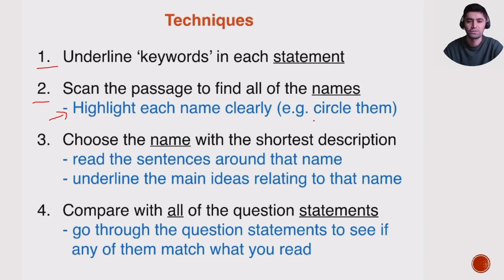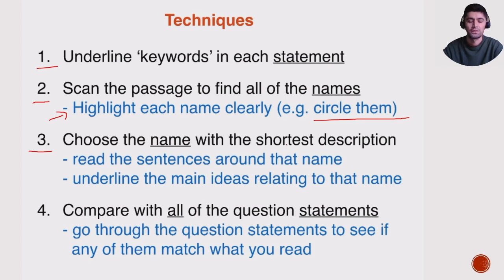For example, we can circle them. And even if the name is repeated many times in the text, you have to circle it. You have to circle every name you find in the text, because it saves your time once you're dealing with the information.